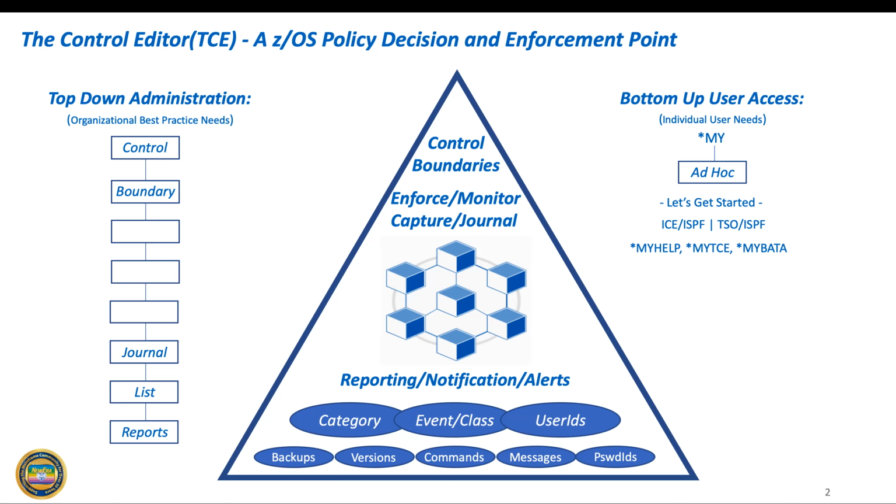The categories themselves of activities include backups and versioning, commands, messages, and a special category that we call PSWD. PSWD, again, is this idea that users with preferred credentials should be given an opportunity to observe the use of those credentials within timeframes that they establish so that they can play a role in enforcing and adding boundaries to the security of a z/OS environment.